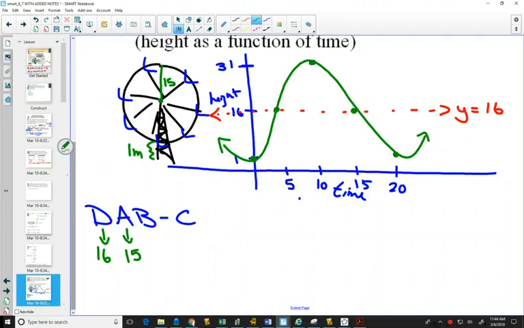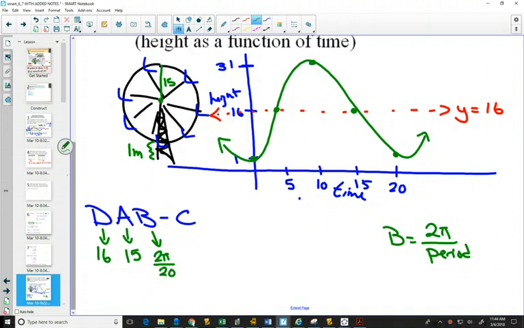Your B value is always 2 pi over your period. And my period in this situation was 20 seconds, and so my B value is going to be 2 pi over 20.